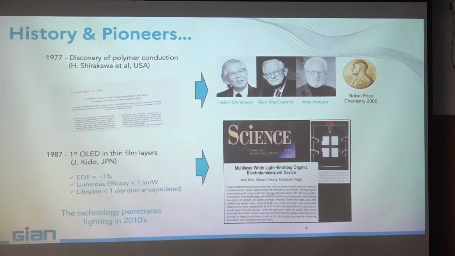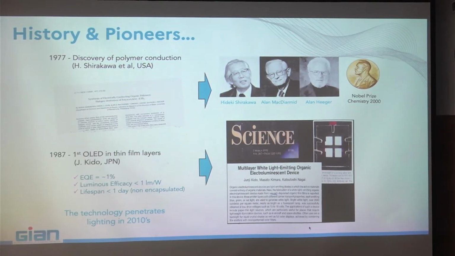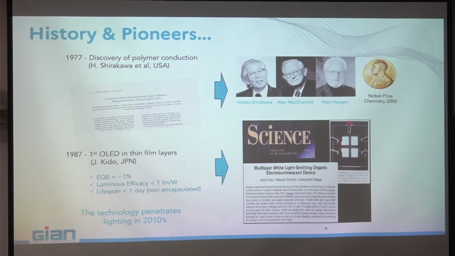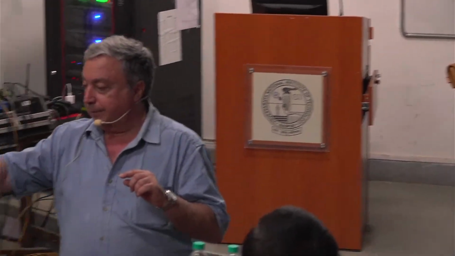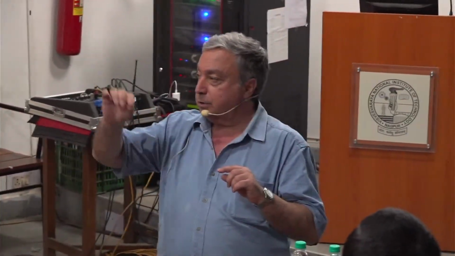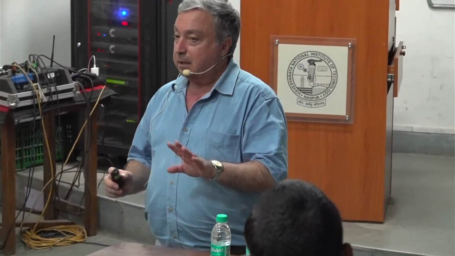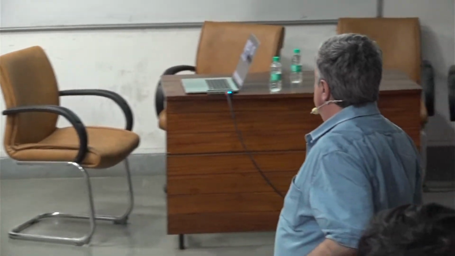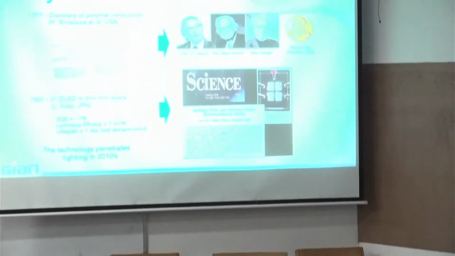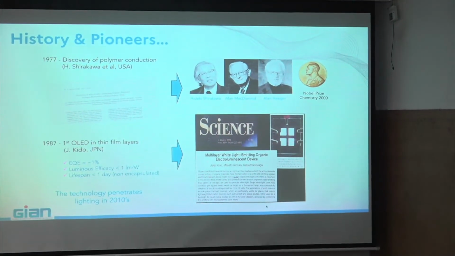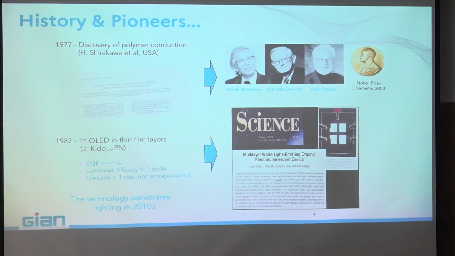I would say more semi-insulators because the conductivity is really very low, but current can pass through, not in the ohmic way. There is no continuous flow of electrons, but electrons jumping from one molecular orbital to another. It is not the same physical mechanism for the conductivity, but you have a conductivity, and those three guys got the Nobel Prize of Chemistry in 2000 for this discovery.